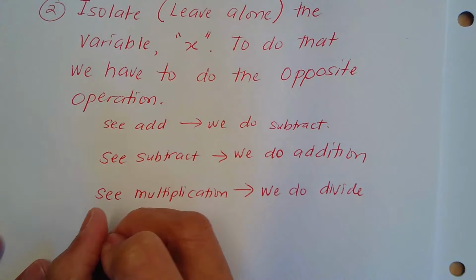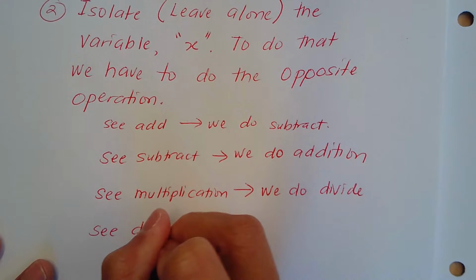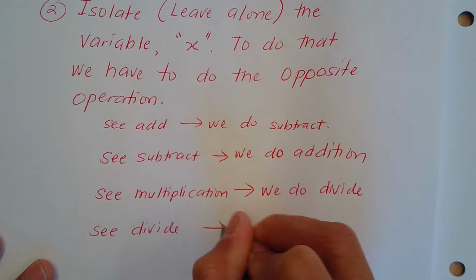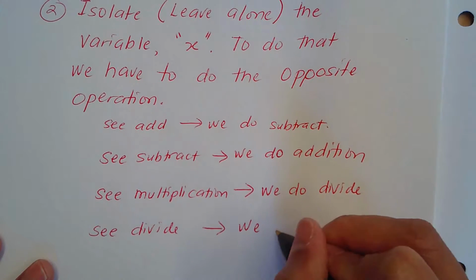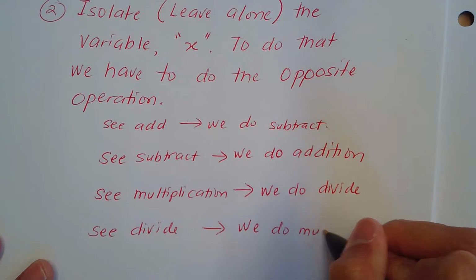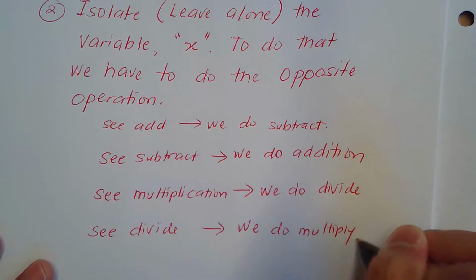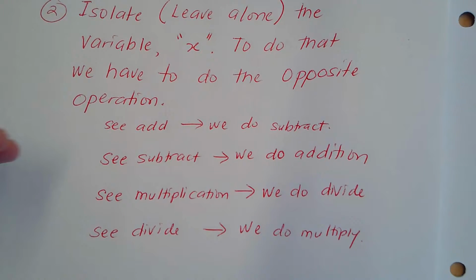And when we see divide, we do the opposite, which is multiply. Once you realize that we're just doing the opposite, undoing what was done to the x, it's a little bit easier from there. It's easier to remember that, right?